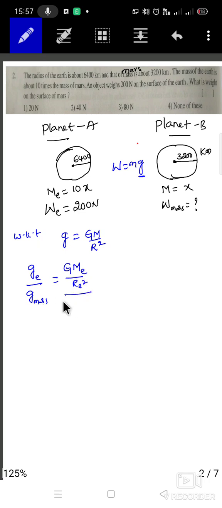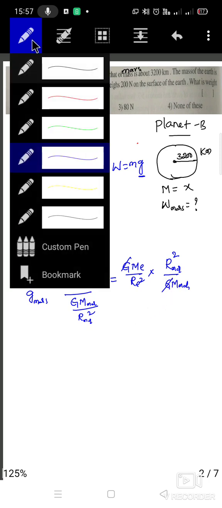And g Mars is G capital M Mars by R Mars whole square. That is equal to G capital M E by RE whole square into the reciprocal, R Mars whole square by G capital M Mars. Here capital G gets cancelled.